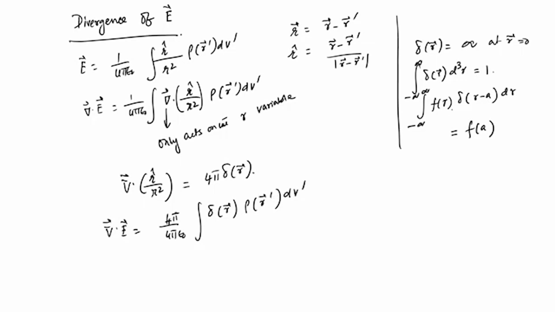Using this property that f of r delta of r minus a equals f of a, this is equal to rho of r. And this 4 pi will cancel. So, this is equal to rho of r divided by epsilon 0, and this is what we said can also be obtained from Gauss's divergence theorem. So much for the electric field and Gauss's divergence theorem.